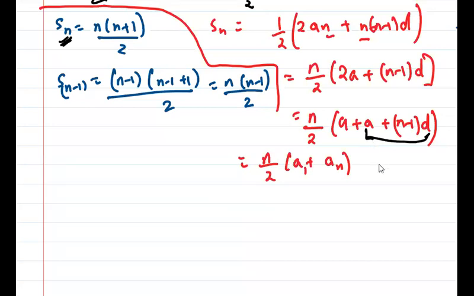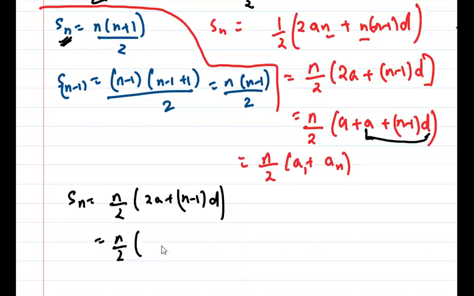It is an only, tn only. So we have two formulas: n by 2 into 2a plus n minus 1 into d, or n by 2 into a1 plus an.